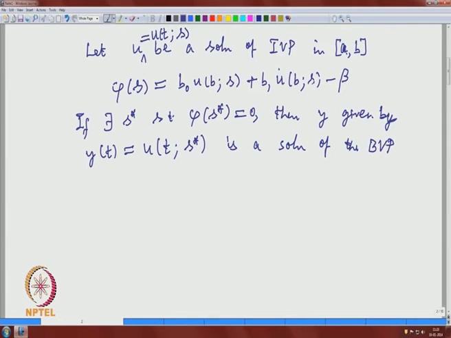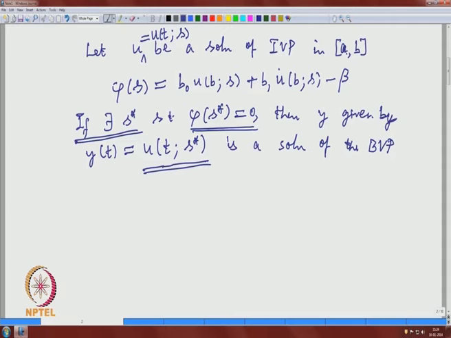And this is called the shooting method. In this approach we attack this boundary value problem through an initial value problem, and this is a big if. In general, for every s star satisfying phi of s star equal to 0, that means the roots of the function phi, we get a solution of the boundary value problem.